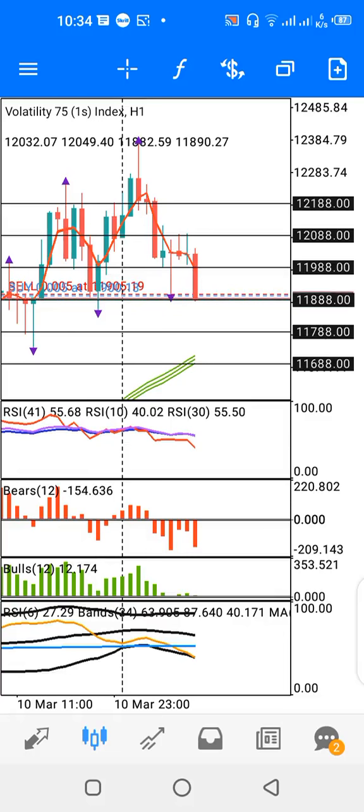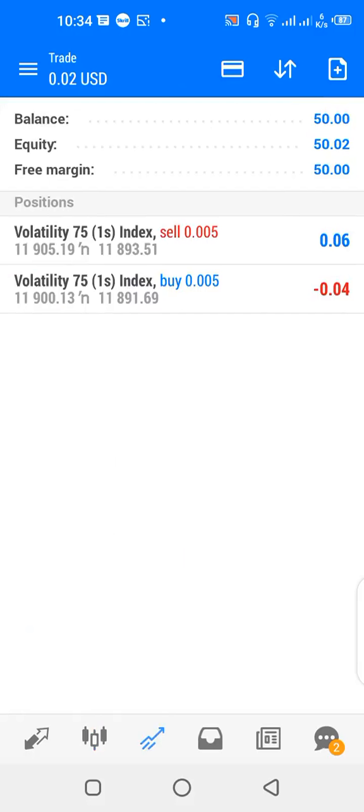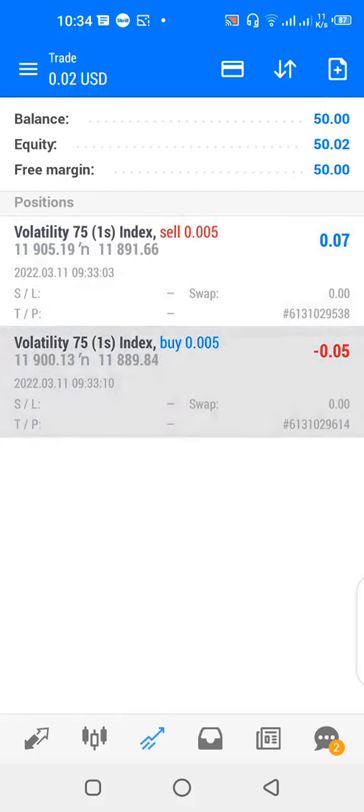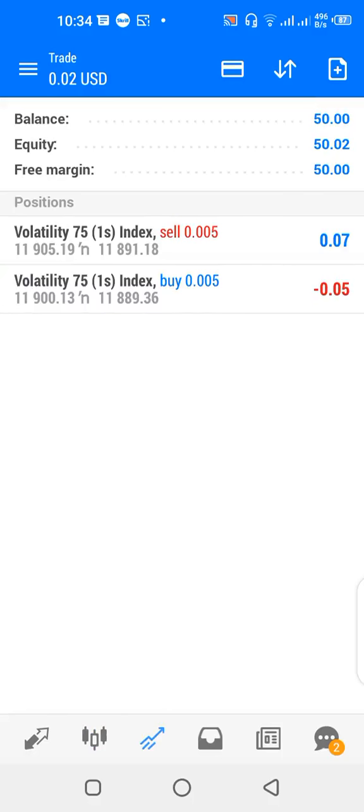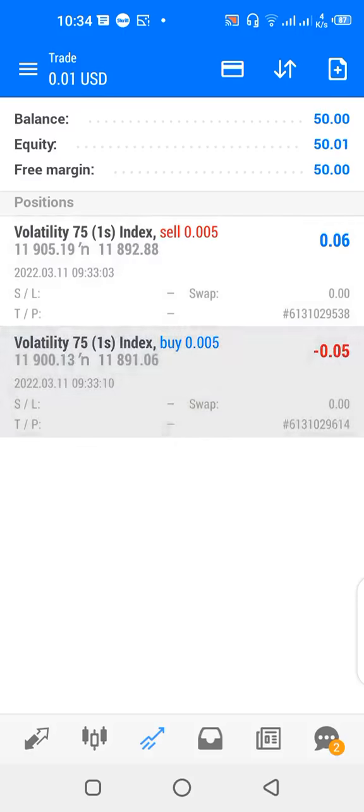Now as soon as you have set the buy and the sell orders and they are running just like we have here, what you do next is to set sell stop, buy stop around these orders. Your sell stop and buy stops are going to be your hedge trades, and the lot size will be 3 times the original lot size of your running trades.